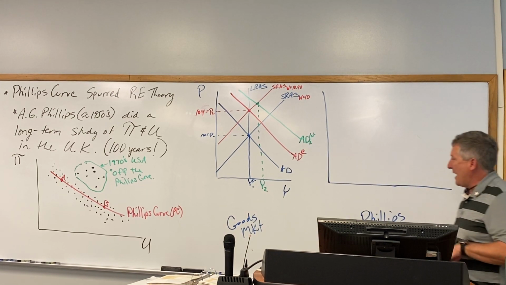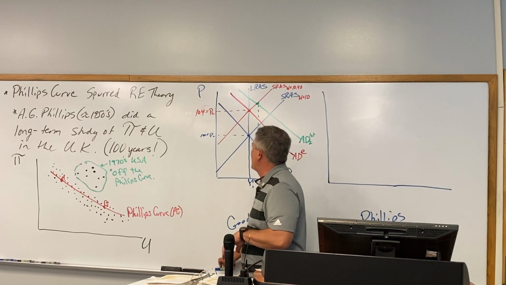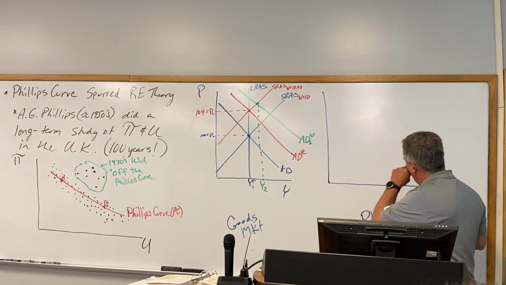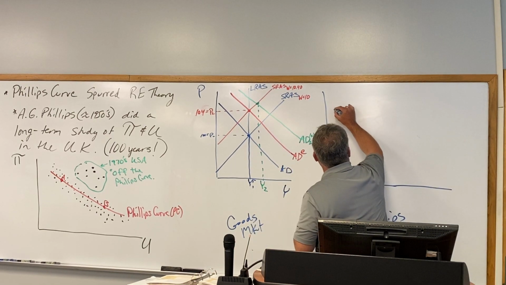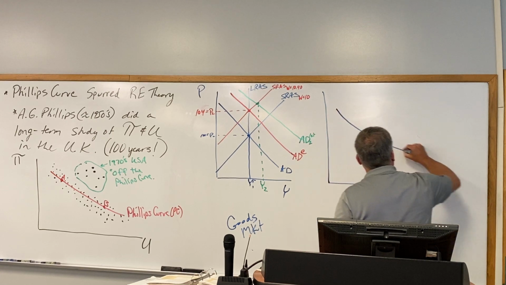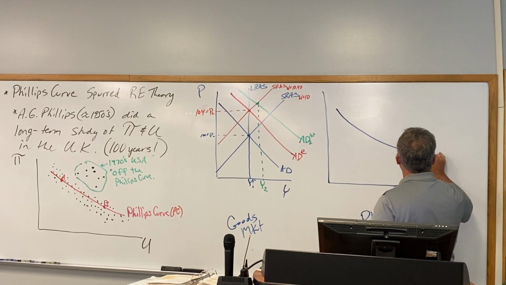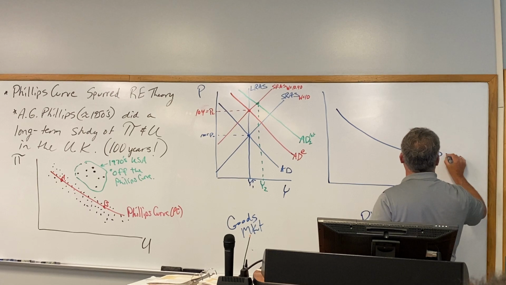Okay, so let's tie this into this Phillips curve analysis over here. So over here, let's go ahead and have a Phillips curve. But now this is going to be the short run Phillips curve.